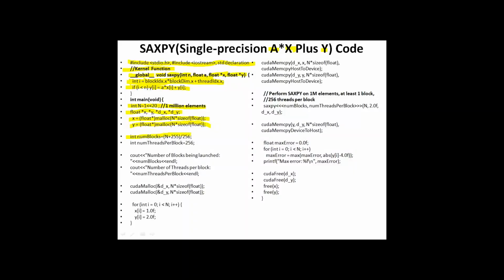Then we are calculating the number of blocks by using this formula, like n plus 255, so that at minimum one block is selected. Even if let's say n is equal to 1, plus 255, that is 256, over 256. By default, at least there will be one block. And let's say the number of threads per block is 256.